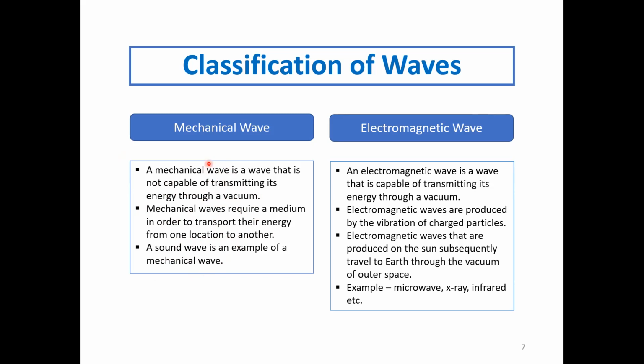A sound wave is an example of a mechanical wave, so it cannot pass through the vacuum. But an electromagnetic wave is a wave that is capable of transmitting its energy through a vacuum. So an EM wave can transmit its energy through the vacuum. If I ask you what is the difference between mechanical waves and electromagnetic waves, can you say this?